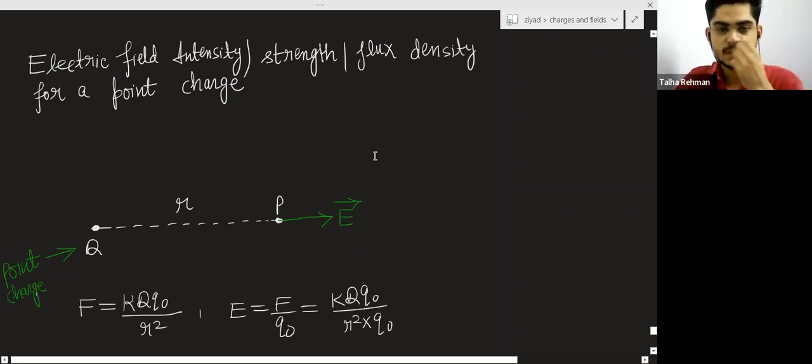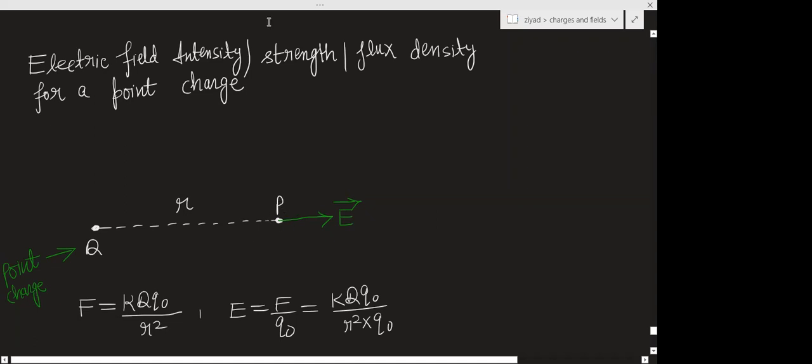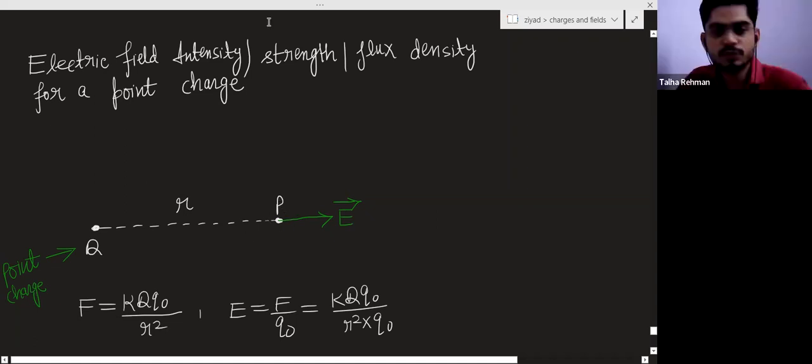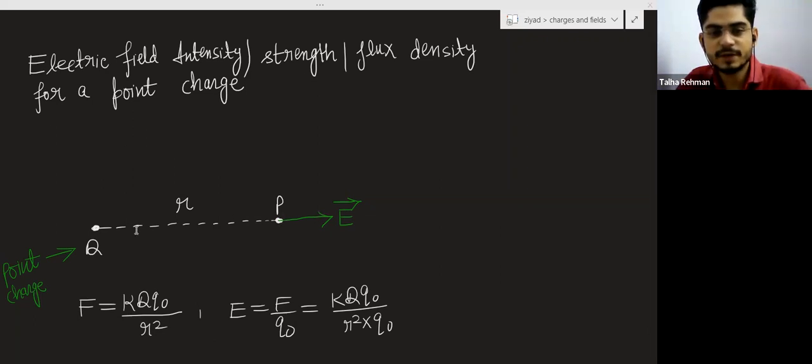So for this point charge, we want to find the electric field here, and the distance between this point charge and this point P where we want to find the electric field is R.